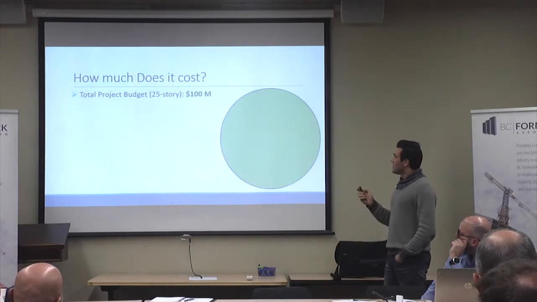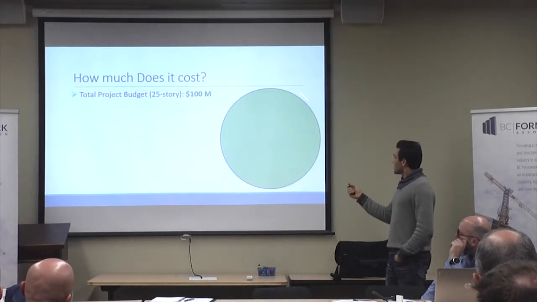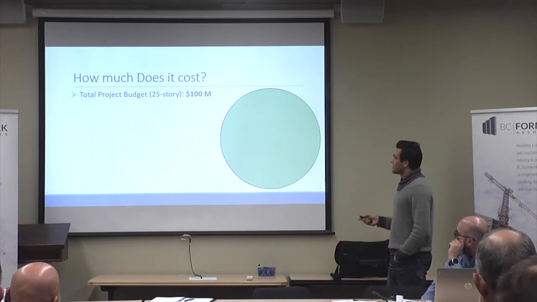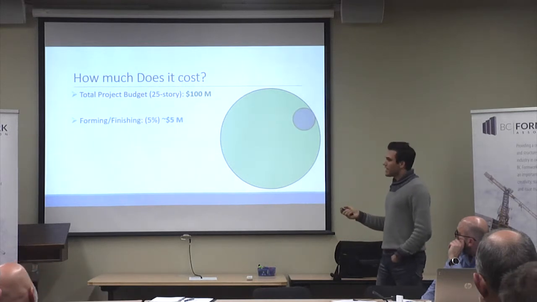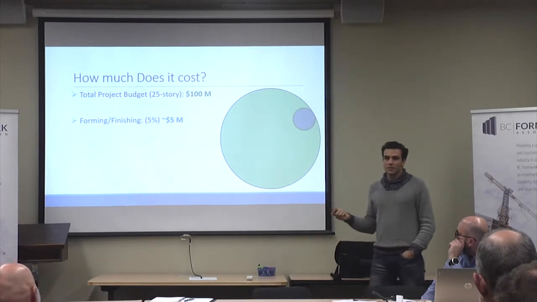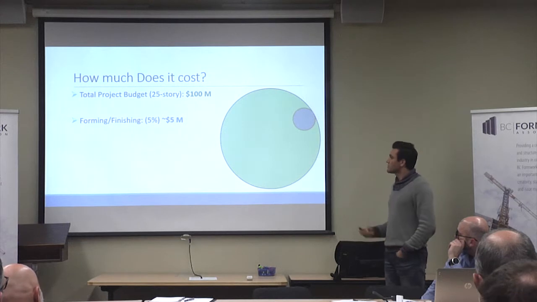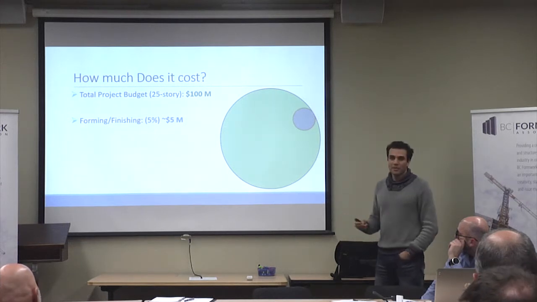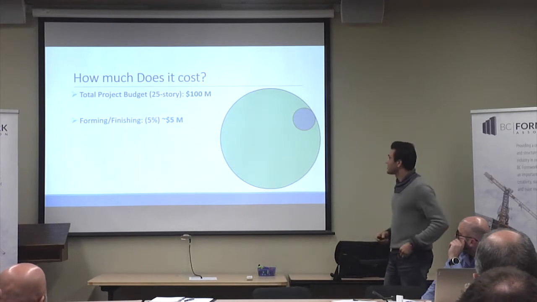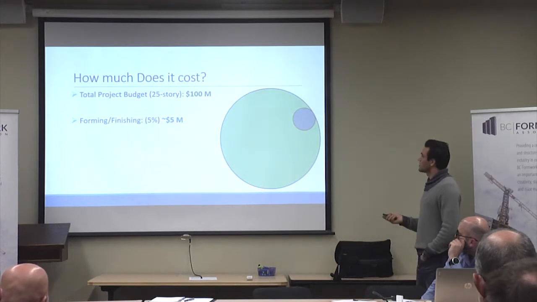Now, let's assume that this whole circle is $100 million. I guess 5% of that goes to the forming company. Is that a good estimate? More or less? Yeah, it's about right. Okay, good. So about 5 million of that is going to go to the forming company, plus or minus. Now let's see how much of that is going to go to the flatness testing.